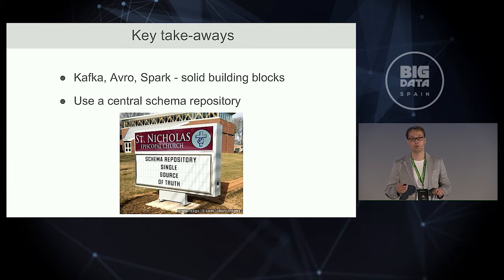And if you experience such organizational problems, schema compatibility issues, you are afraid that if you change something, you might break somebody else's computation, then you should definitely deploy a central schema repository and stop embedding schema versions into particular pieces of software you have.